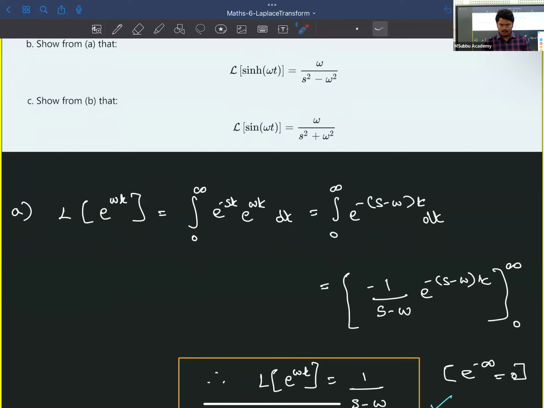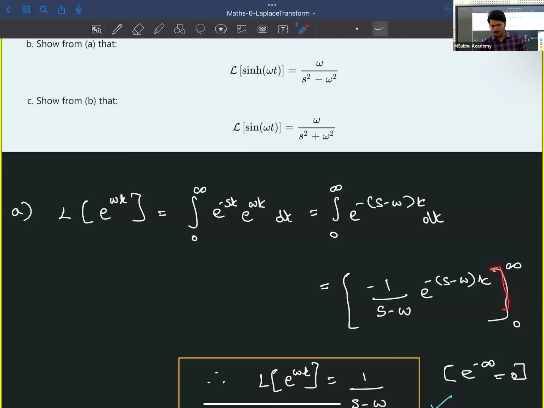Okay. So when you solve this, e power a into e power b will be e power a plus b. So based on that identity, you'll get e power minus of s minus omega into t dt. Now again e power minus at integration. So the integration of that will become minus 1 by a into e power minus at. So minus 1 by a is s minus omega into e power minus at, which is e power minus s minus omega into t.